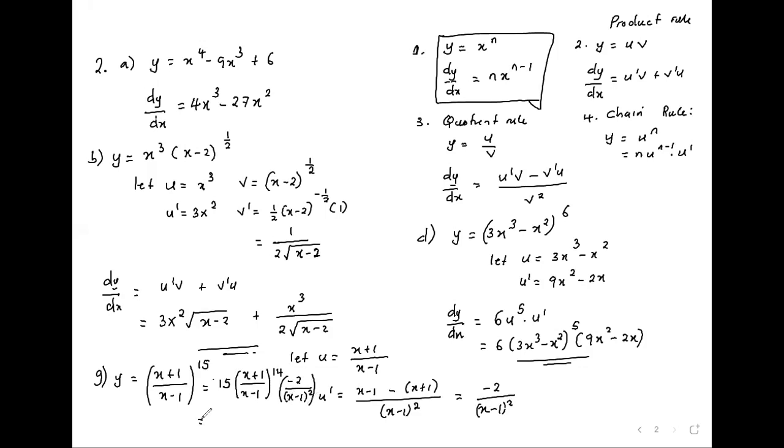So our solution is going to be -30 over x minus 1 squared, multiplied by x plus 1 over x minus 1 to the power 14.